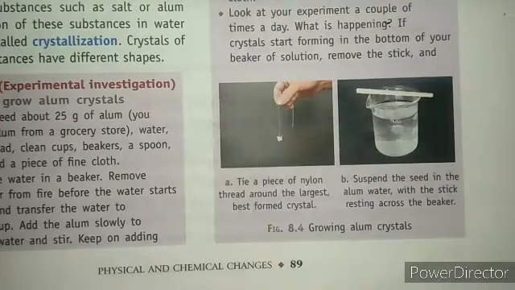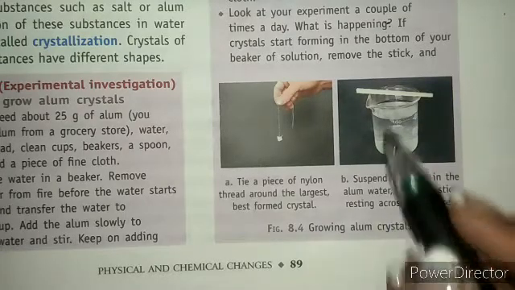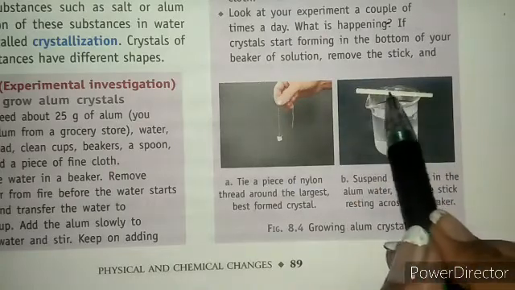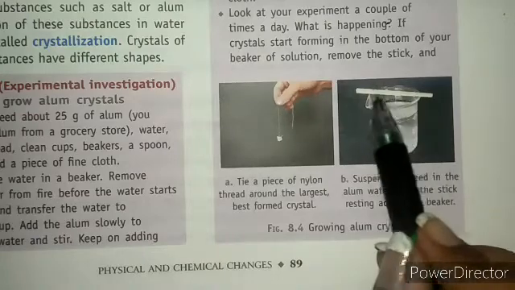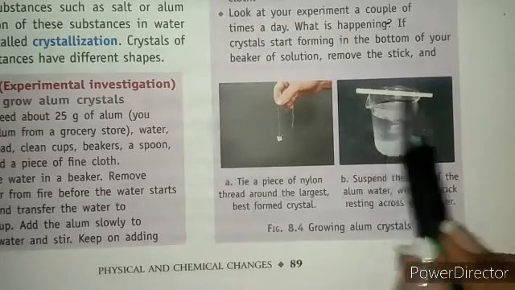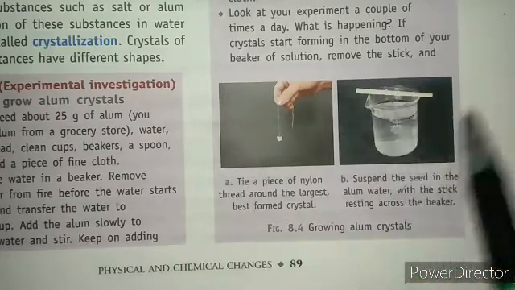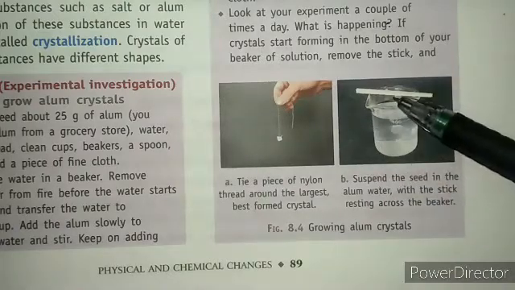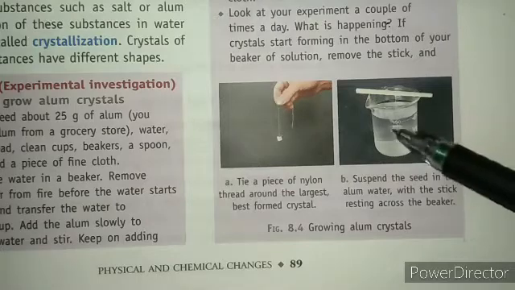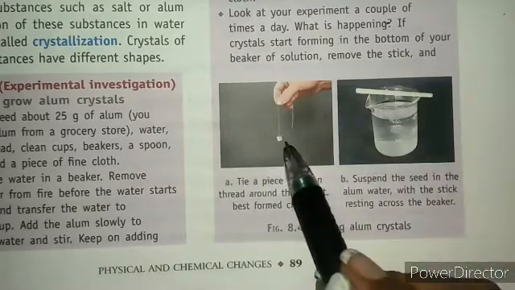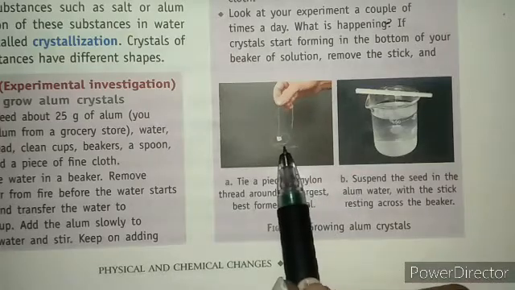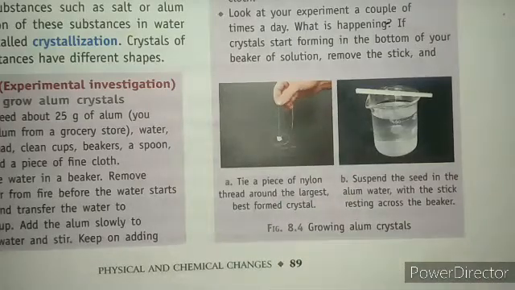Then stir it well and leave it like this. Tie a nylon thread on a stick and put it on a beaker, and what would you see after 2 or 3 days? Some crystals are formed along the thread. So this process is known as crystallization.